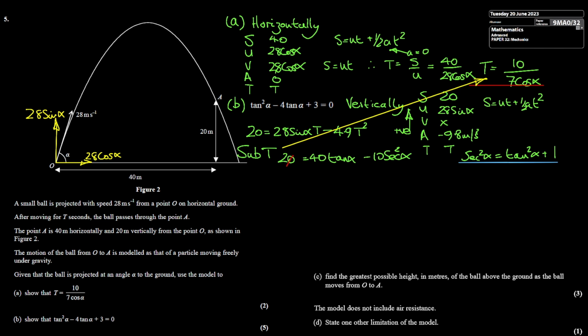First of all, of course, we can cancel a factor of 10 out of this all, so what I get is that 2 is equal to, and that indeed does simplify to what the question wants, which is tan squared alpha minus 4 tan alpha plus 3 is equal to 0. And we've proved it as required.